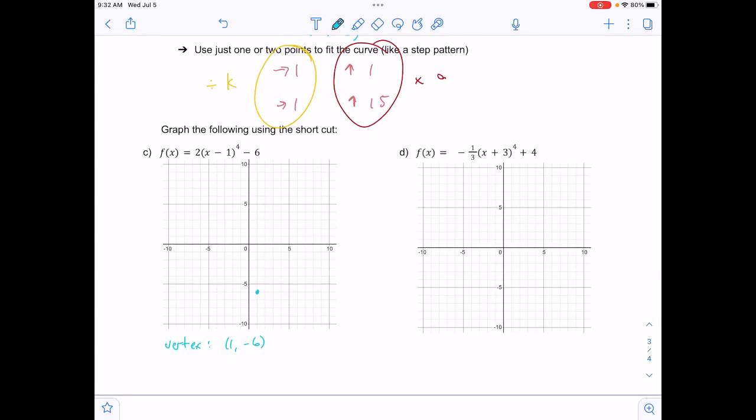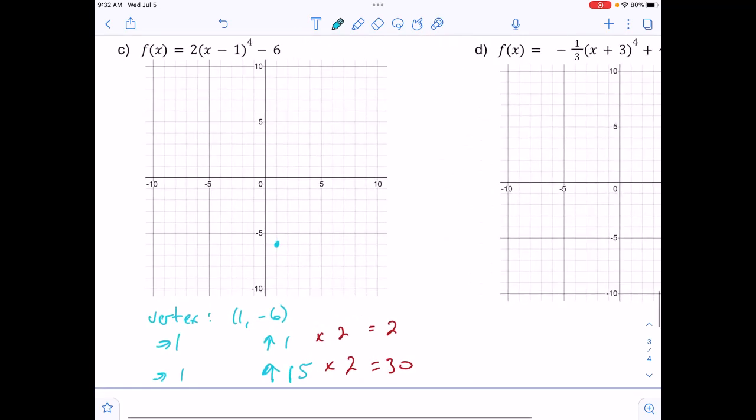So instead of right 1, up 1, right 1, up 15, I'm going to multiply that. There is no horizontal stretch here. There's no value in the K. So instead I'm going to just multiply both of these numbers by my A value to get 2 and 30. The 30 we won't be able to show on here, so we'll just do our best.